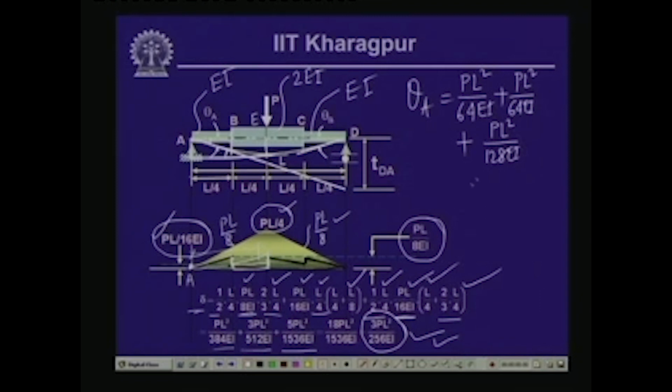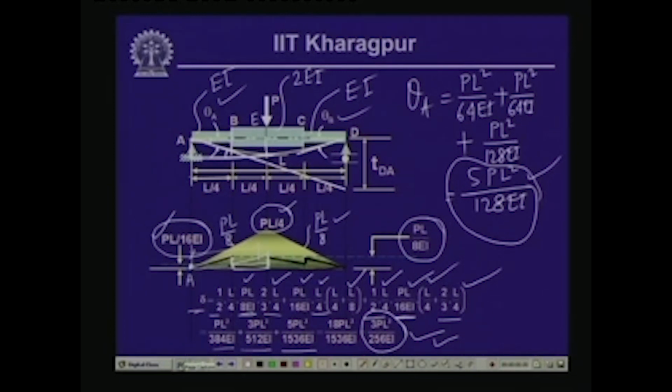If we add them together, we have 128 EI in the denominator and 224 in the numerator. So, 5 PL square by 128 EI. This is the value of the slope, and this being symmetrical, theta A and theta B are equal in magnitude, 5 PL square by 128 EI.